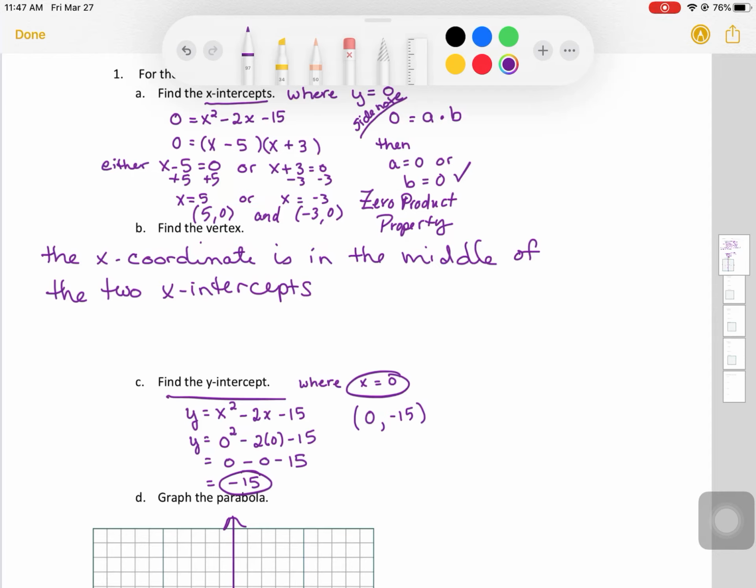So if my two x-intercepts are 5 and negative 3, I can simply take negative 3 plus 5 and divide it by 2. I can average these 2 points. So I get 2 divided by 2, that's 1.